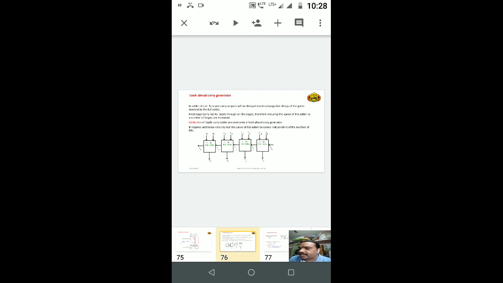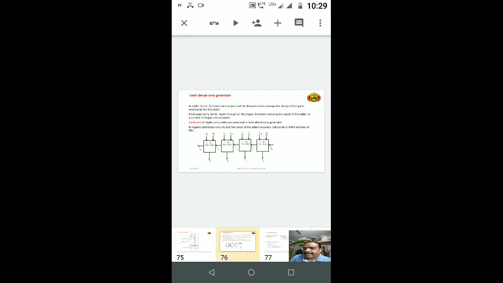Now see the second point: the final stage carry has to ripple through all stages, therefore reducing the speed of the adder as the number of stages increases. So, the limitations of the ripple carry adder are overcome in the look ahead carry generator.